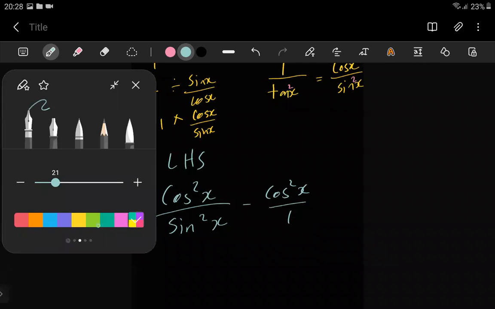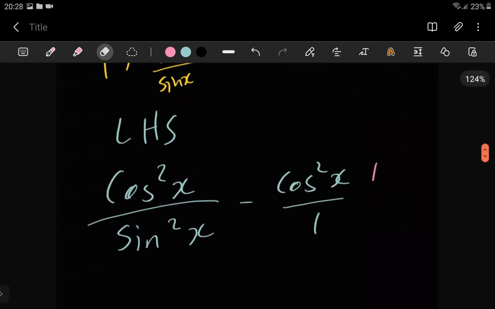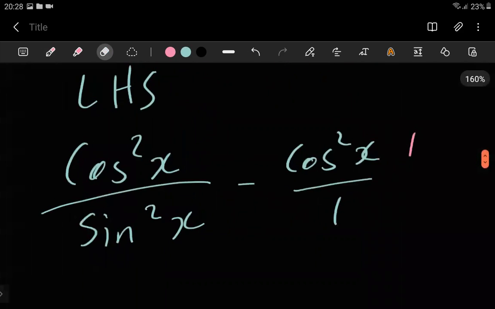The fortunate thing is this is going to be slightly straightforward because we want an LCD. So here we'll multiply by sine squared x over sine squared x. I'm running out of space here, so let me try and get some space.